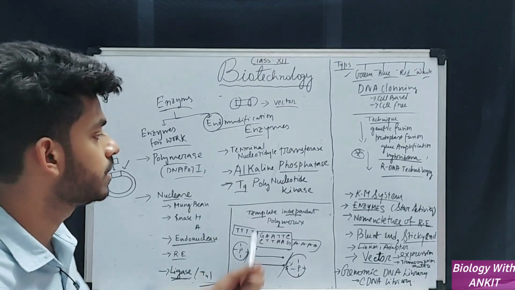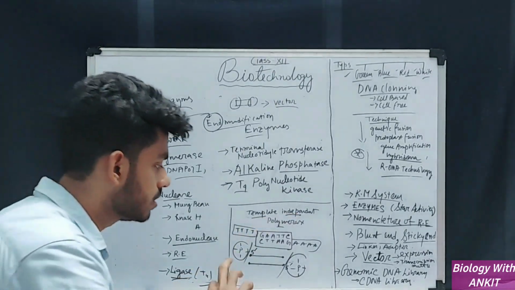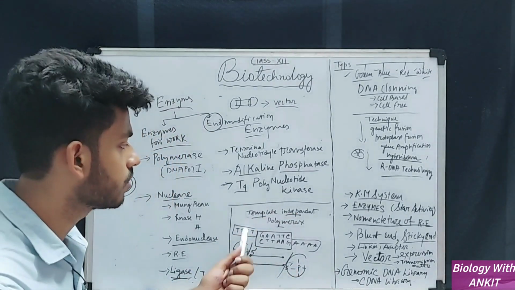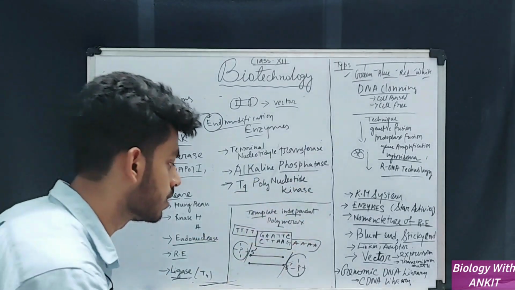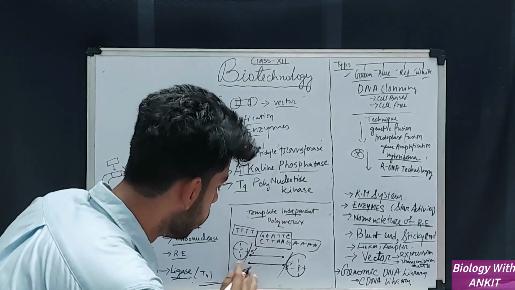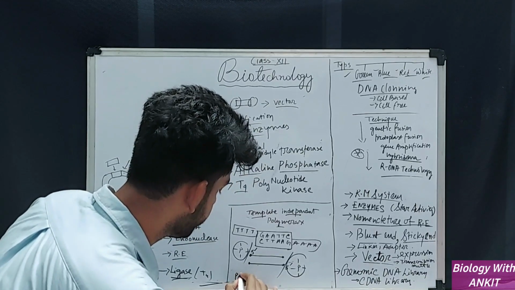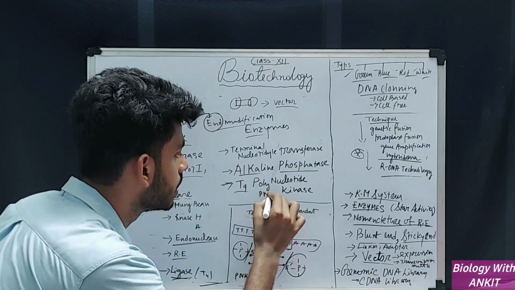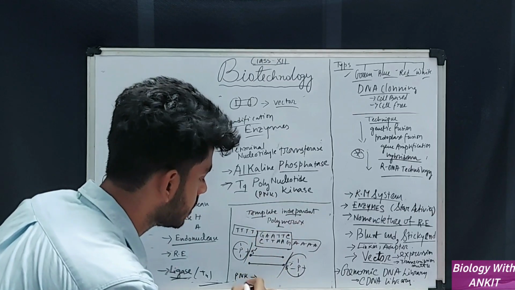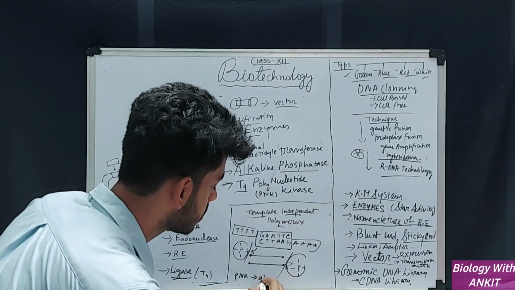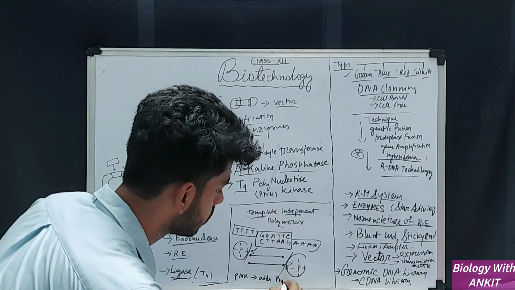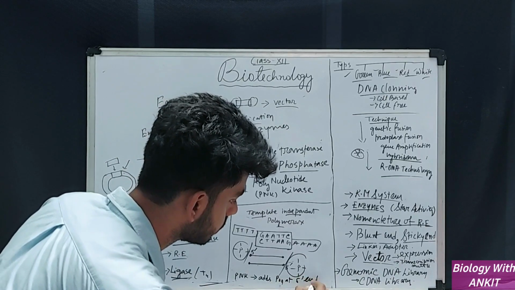And what the T4 polynucleotide kinase does is just the reverse of what the alkaline phosphatase does. It adds the phosphate group. So PNK, polynucleotide kinase, what it does, it adds a phosphate group at the 5' end.